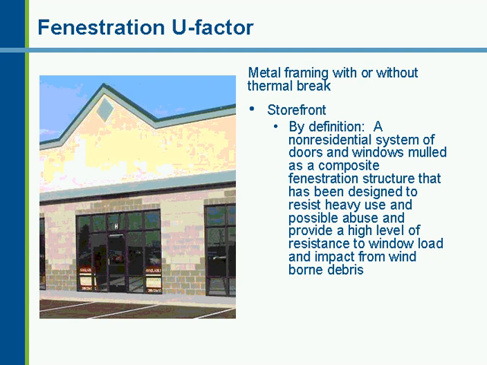The storefront glazing and curtain wall U-factors will be identical from a code standpoint, and again will range from 1.2 to 0.45. But this product is very common out on the market right now. As far as the types of strip shopping centers that are going in, you see quite a bit of storefront being installed right now. Again, this will either have to be NFRC rated or use the default value.